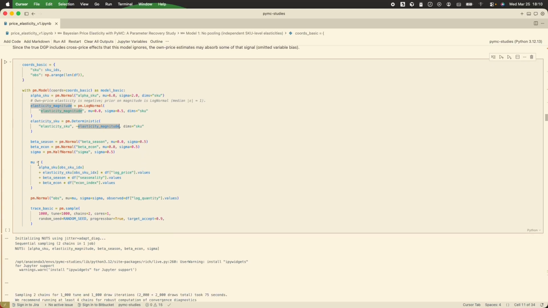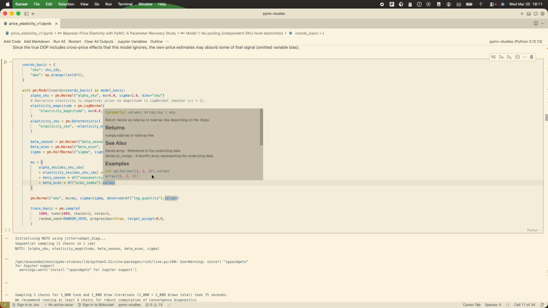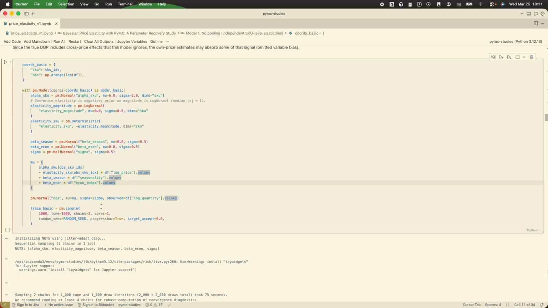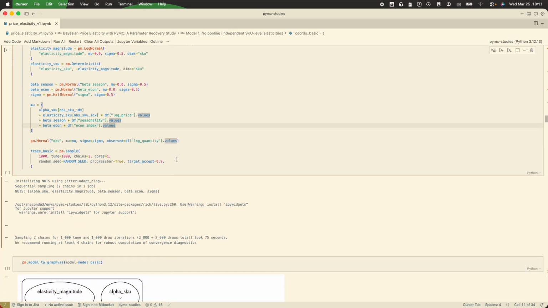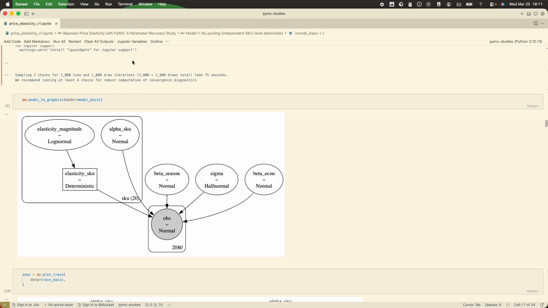And then my final model is basically the alpha for that skew plus its elasticity coefficient times the log price, plus the coefficient for season times seasonality, plus the coefficient for economic index, which is another control, times that value. And then we'll take a sample using two chains.